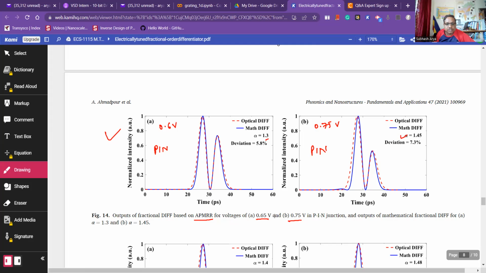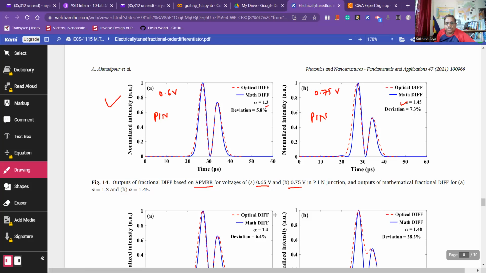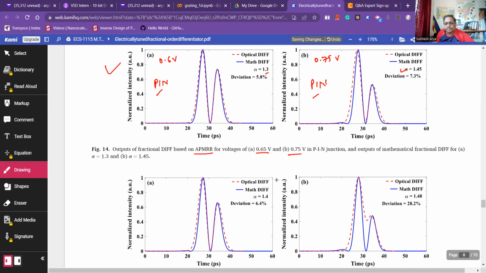So this is with biasing only 0.65. So PIN, we can see it is positive voltage applied, so forward bias, it is in forward bias conditions, PIN to have more carrier plasma dispersion effect.